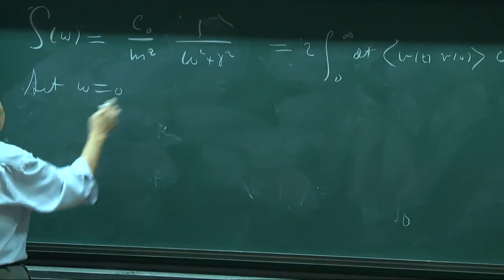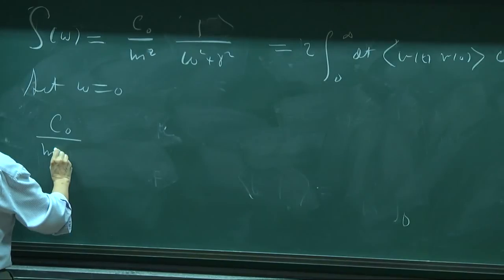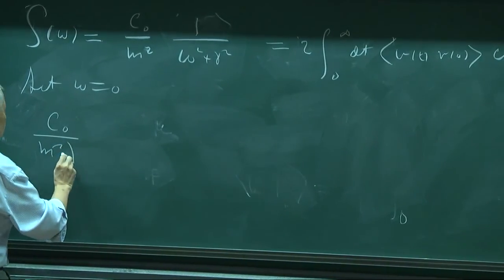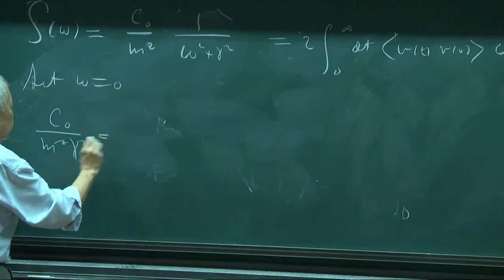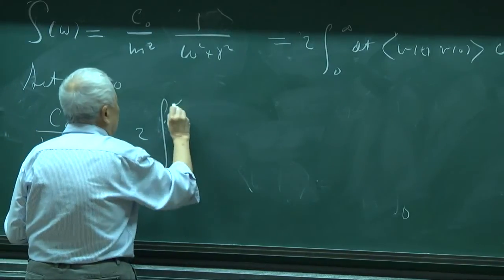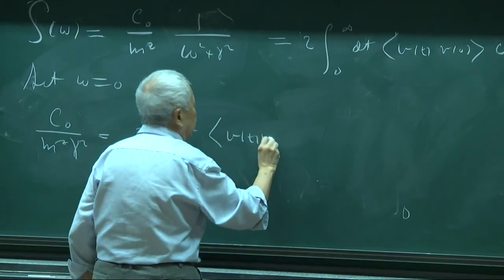Then you see that on this side you have C0 over m squared gamma squared, which is equal to 2 times the integral dt of v of t v of 0.